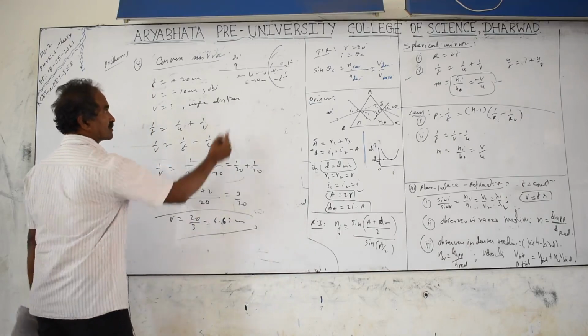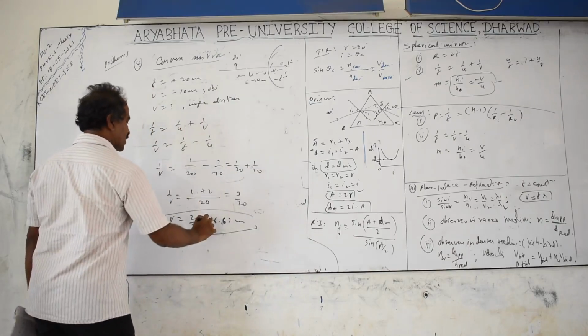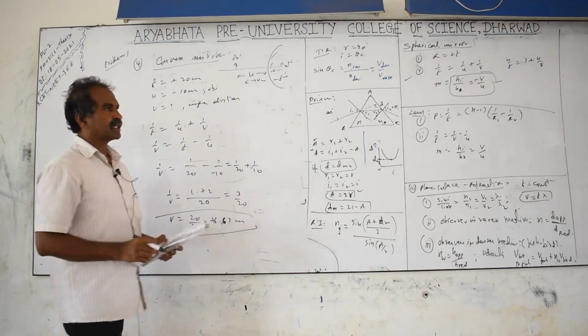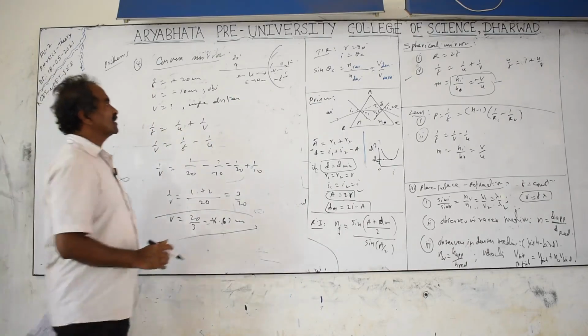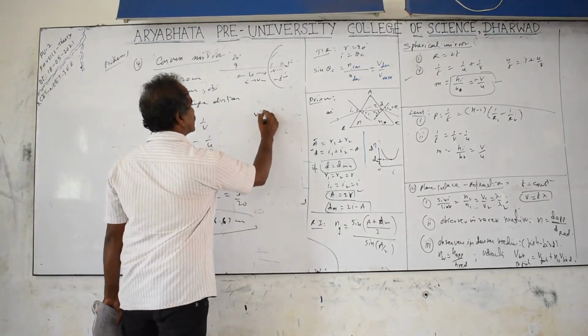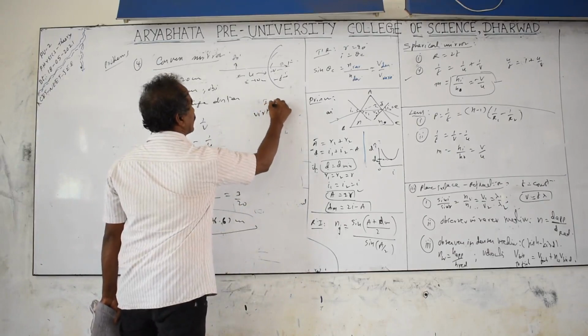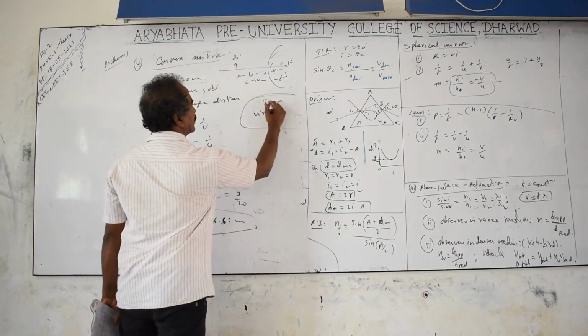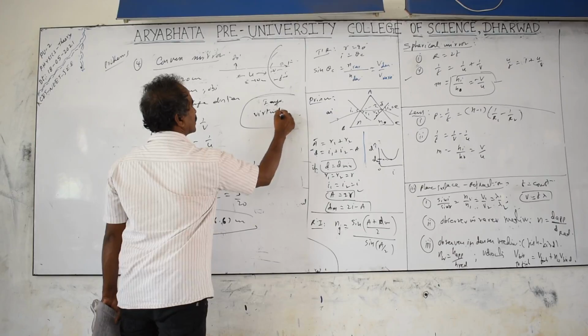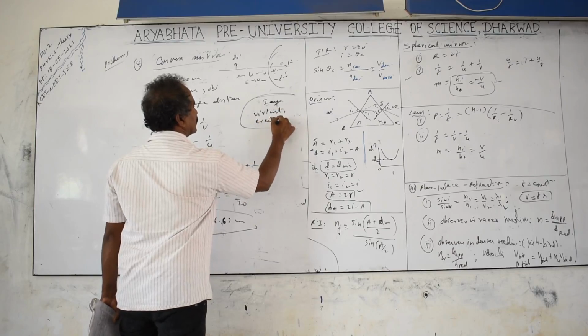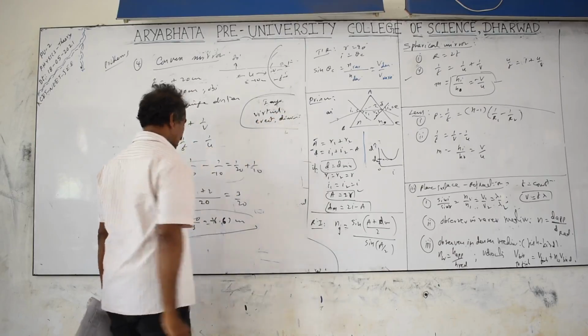You got it as positive. For a convex mirror, v is compulsorily positive. The image is virtual, erect and diminished. A convex mirror always gives a diminished image. Always fixed.